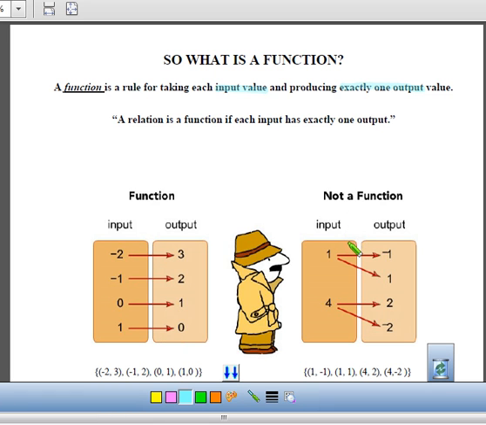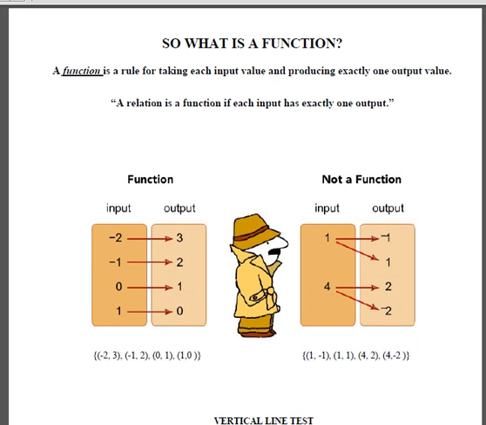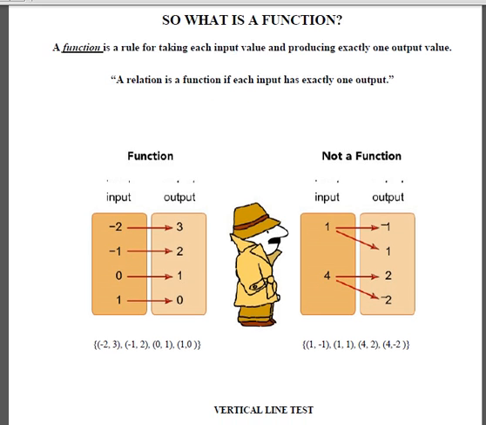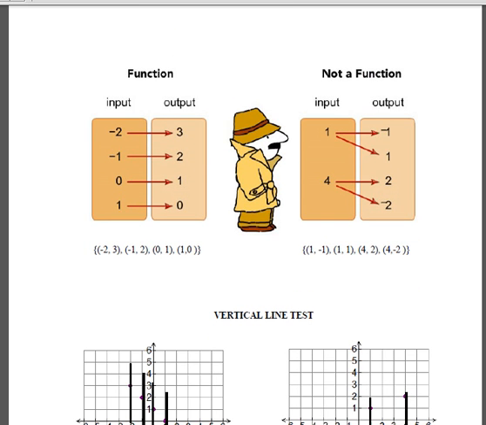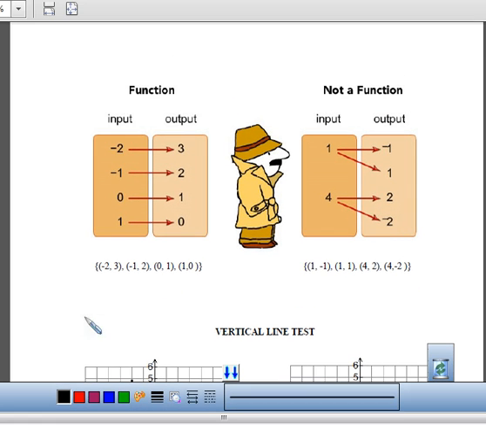But over here in the not a function example, you'll see that the input here goes to 2 different numbers. So this is one way we can test a relation to see if it is a function. Alright? And when you're answering the question, if it's a function or not, what you're going to write is this. So for this one, yes. And the reason why, each input has exactly one output.